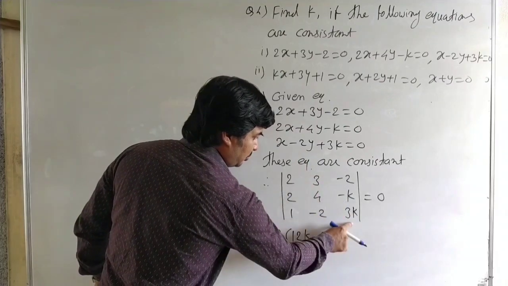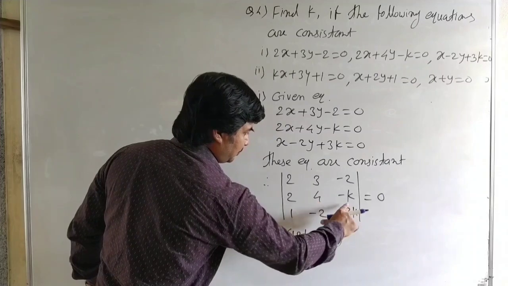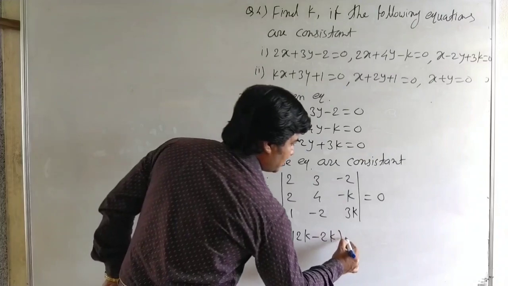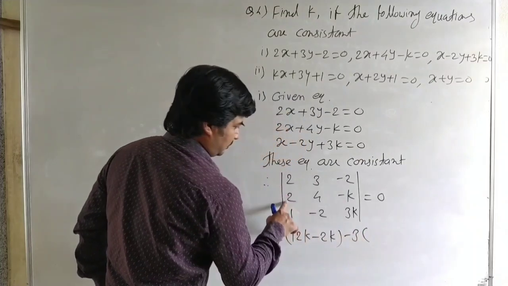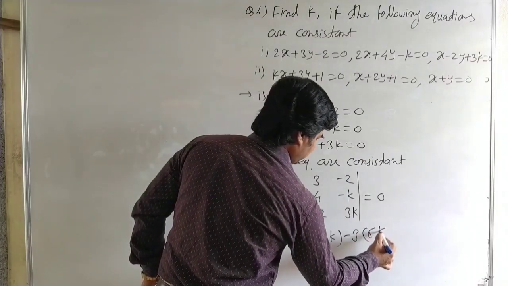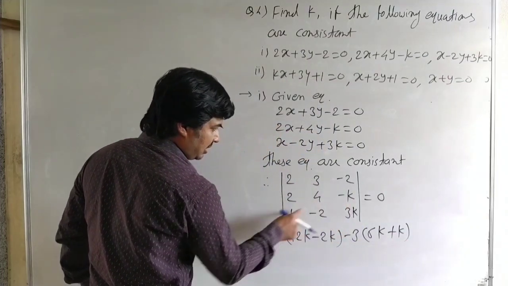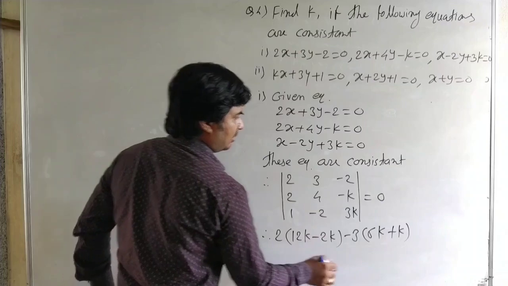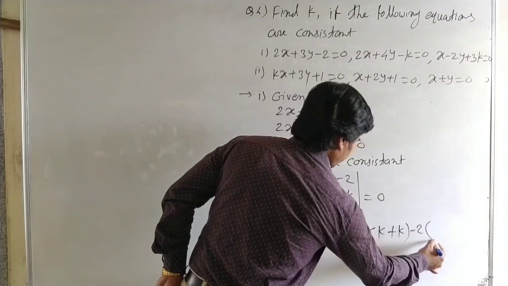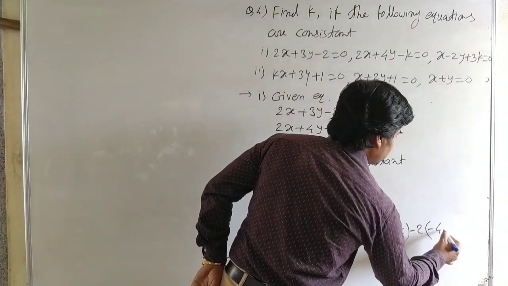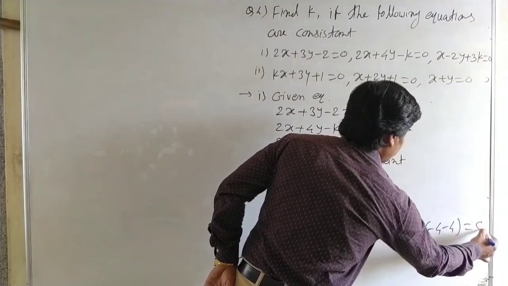So the multiplication of this and multiplication of this, and then subtract the product of these two terms. Change the sign of the middle term. 6k plus k, see carefully, 6k, and here multiplication it is a minus k, so we can write here plus k, minus 2 into minus 4 minus 4 is equal to 0.